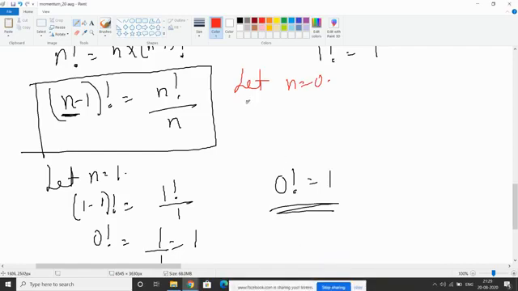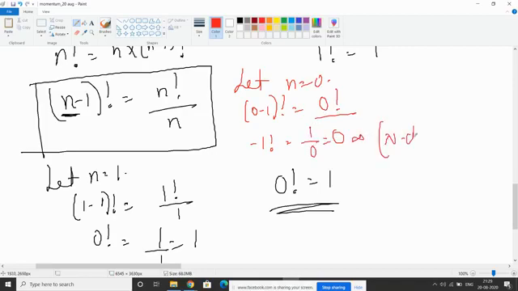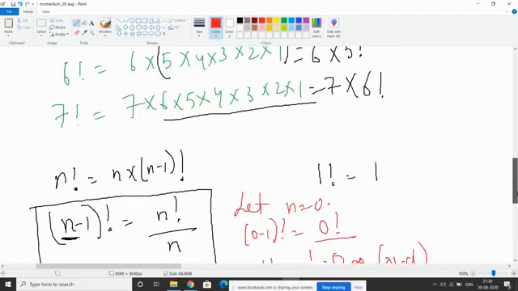So 0 minus 1 factorial is equal to 0 factorial over 0. That gives minus 1 factorial, and 0 factorial is 1, and 1 divided by 0 is not defined. It's infinity, which is not defined. So factorial of a negative number does not exist. Okay. So 0 factorial is 1 and 1 factorial is 1, 2 factorial is 2 multiply 1 which is 2, but negative 1 factorial is not defined.